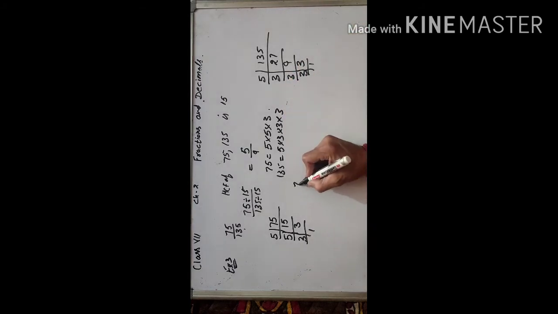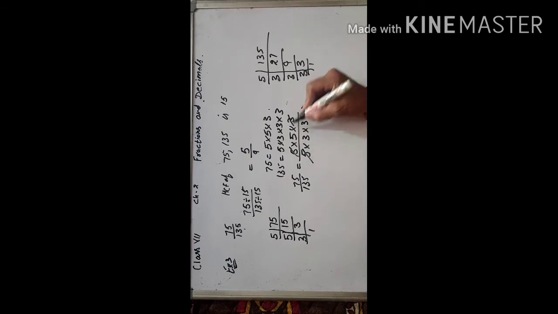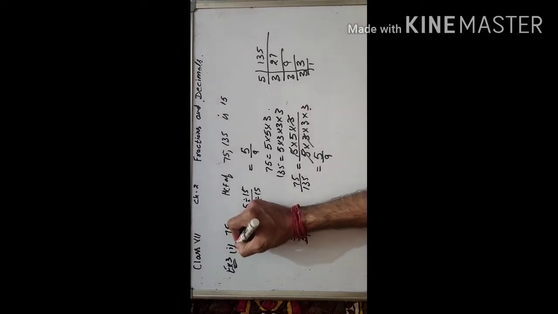Now 75 upon 135 is equal to 5 into 5 into 3 divided by 5 into 3 into 3 into 3. This 5 cancels this 5, this 3 cancels this 3, so then 5 upon 3 3s are 9. This is another method to reduce 75 by 135 to the simplest form. This is the first part.